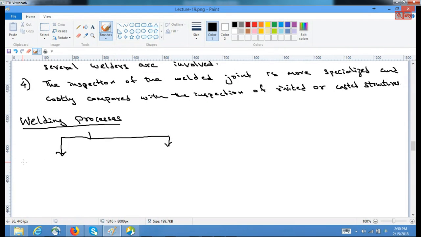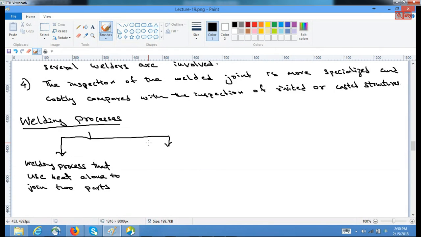Here the first one is welding process that uses heat alone to join two parts, as we discussed in the definition of welding.